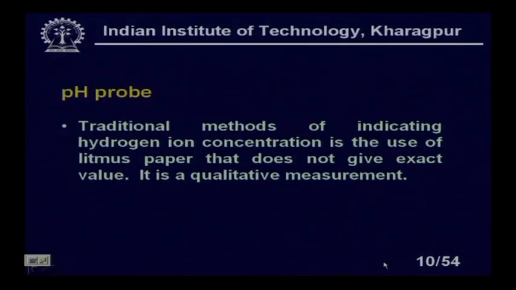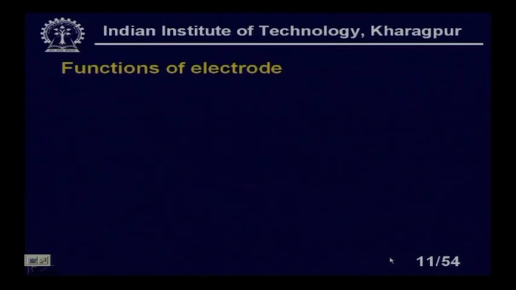People have been using litmus paper over the decades, and it gives some indication whether the liquid is acidic or alkaline, but it does not give the exact value. So, we need quantitative measurements which will give you the exact value of the pH.